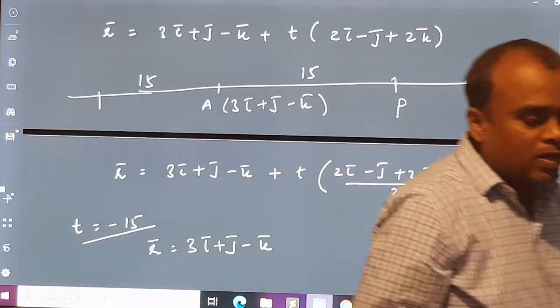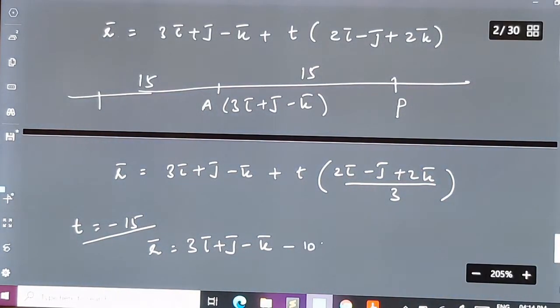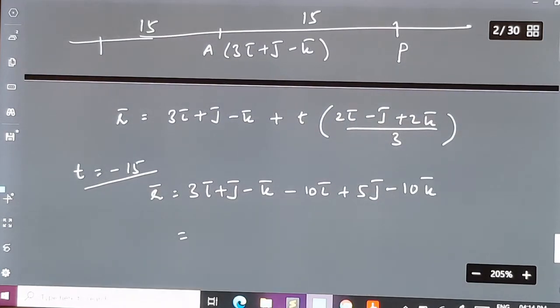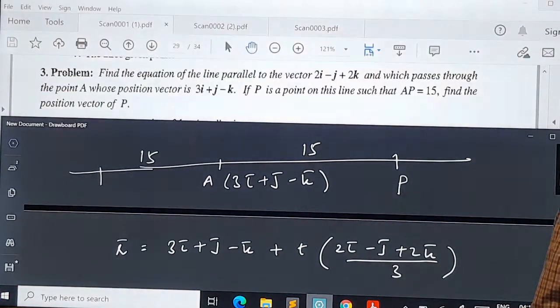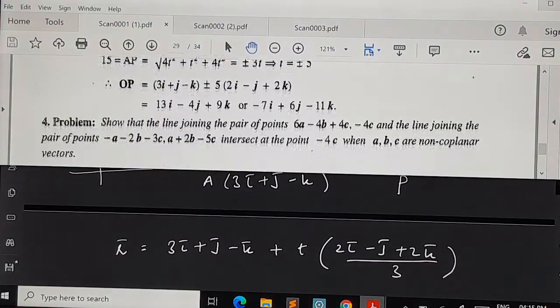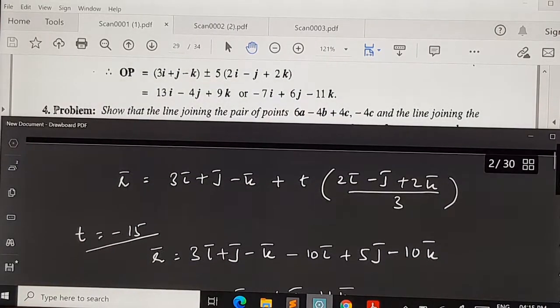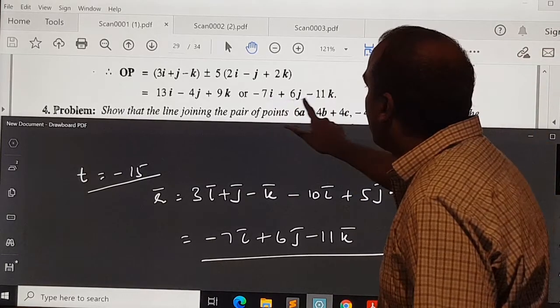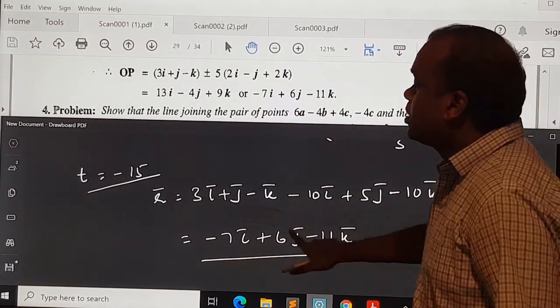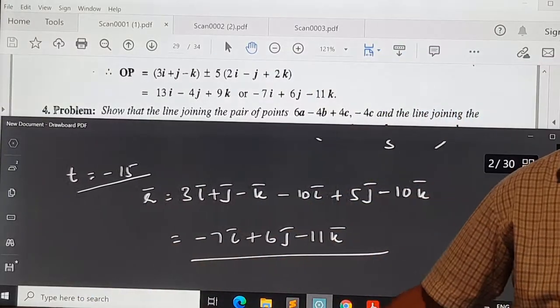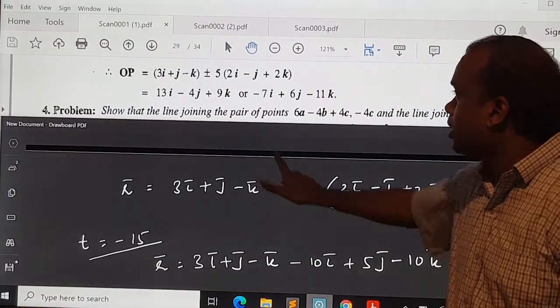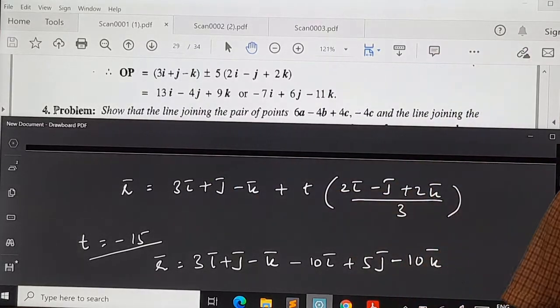Multiplying with minus 5, I'll have minus 10I bar plus 5J bar minus 10K bar, or simplifying, I have minus 7I bar plus 6J bar minus 11K bar, which is one of the points that is at a distance of 15 units from A. So as you can see, we have found this point. Similarly, by giving t equal to 15, you can get the other point. I leave it there.